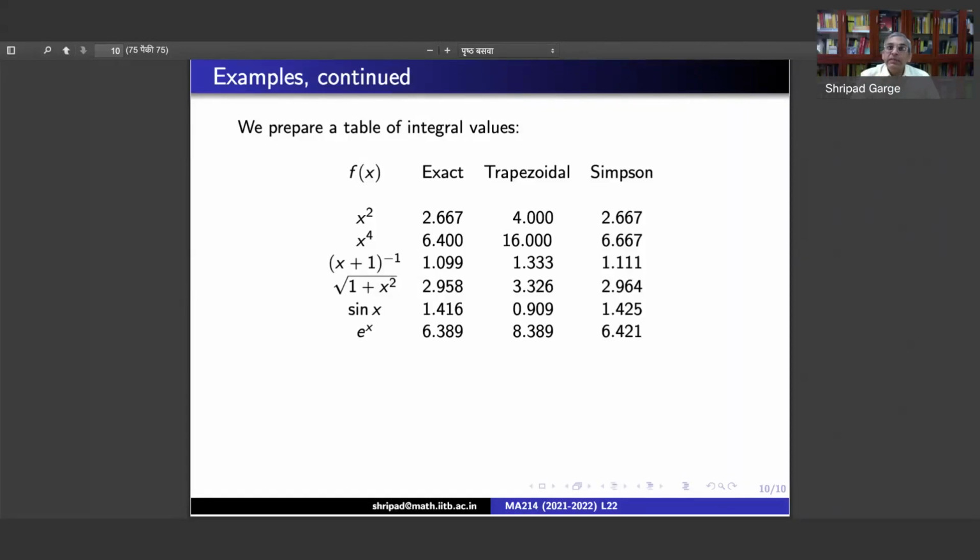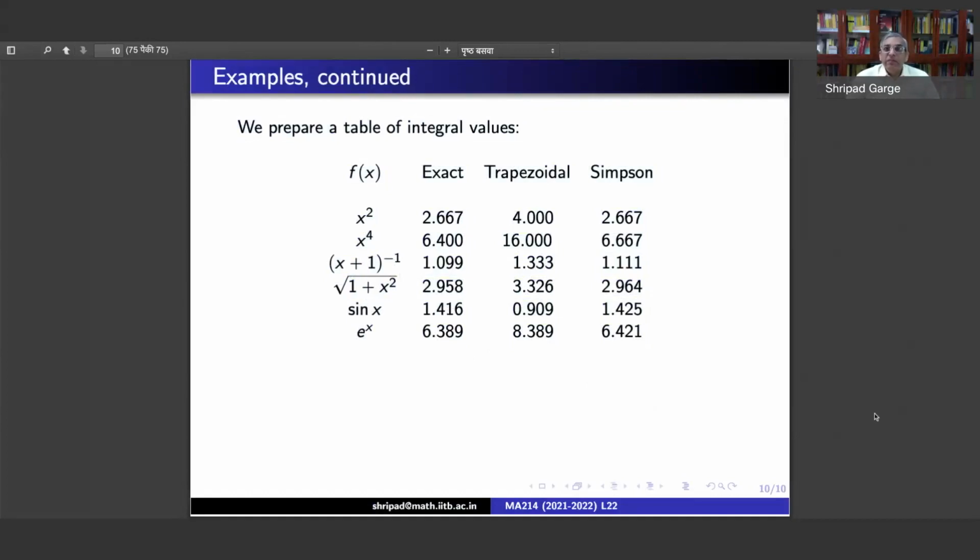This is where the relative error will tell you that the answer for the trapezoidal rule is much worse than the answer for some other formulae. For instance, this 1.333 for 1 upon 1 plus x behaves in a slightly better way compared to the exponential function as far as the trapezoidal rule is concerned.